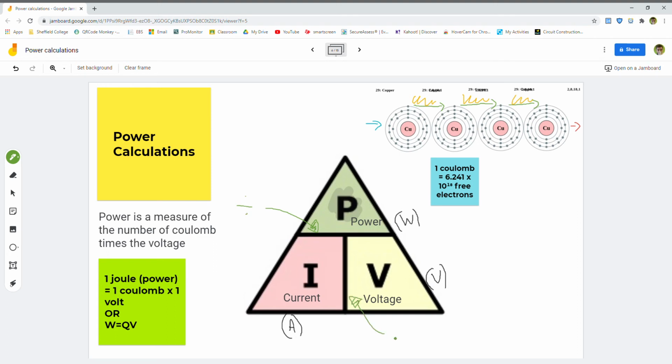This line here represents times. So if we want to work out power, it would be I times V. Using this triangle, if we wanted to work out current, just cover current up, it would be P divided by V.